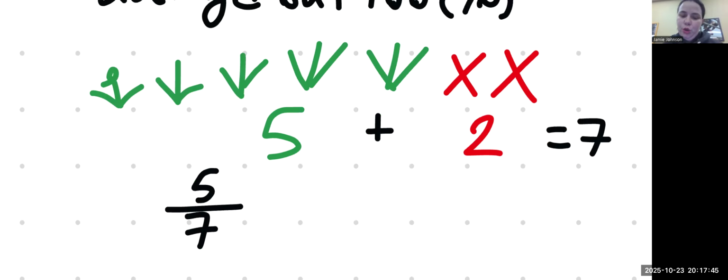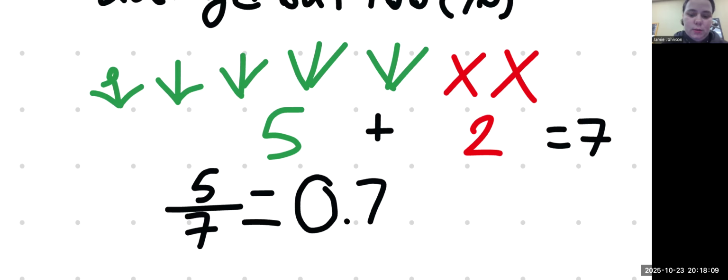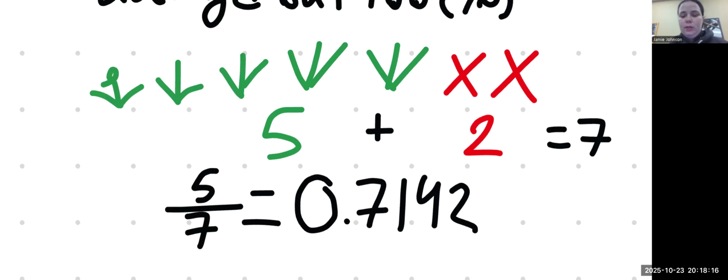Which is equal to, time for my handy dandy calculator, because I did not prepare this at all, 5 divided by 7. 5 divided by 7 is 0.7142.